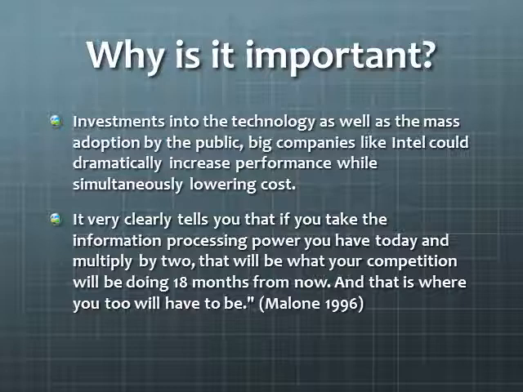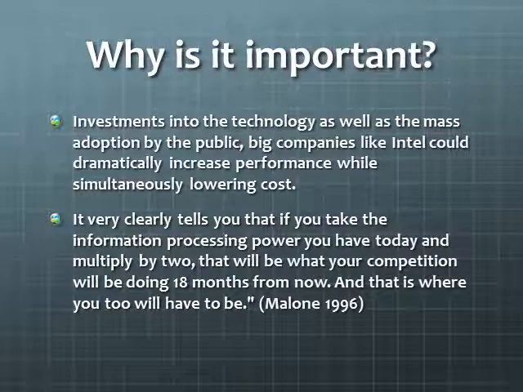One is that with Moore's Law, big companies such as Intel are able to make new chips that are increased in performance while they're lowering the cost, so they're more accessible to people. It is also said that with Moore's Law, you're able to predict what competitors will be working with in the next 18 months. So it kind of gives you a heads up of what's coming up next.